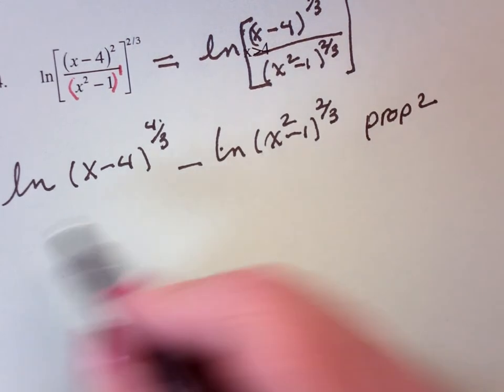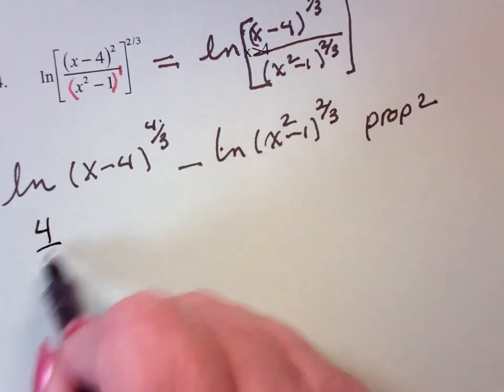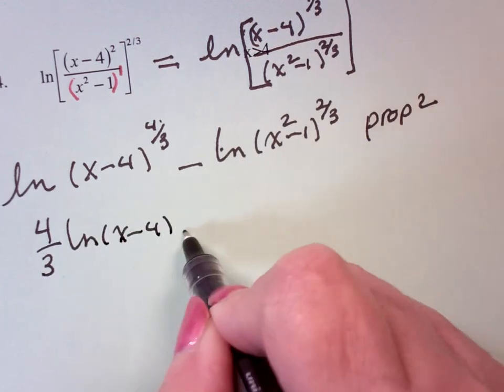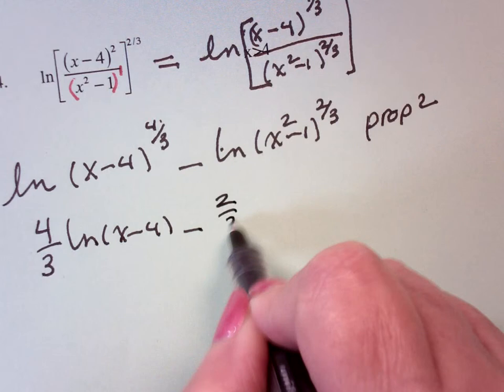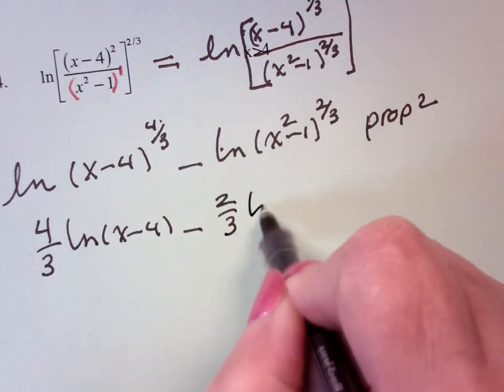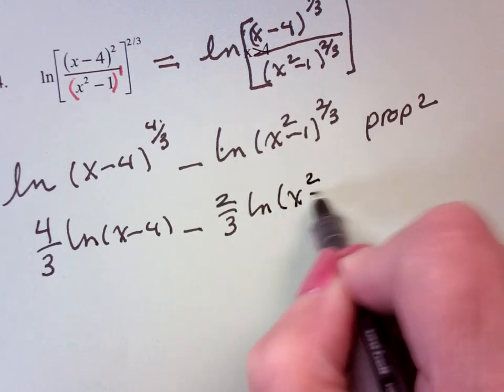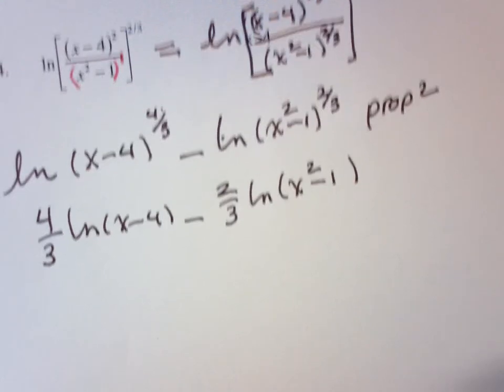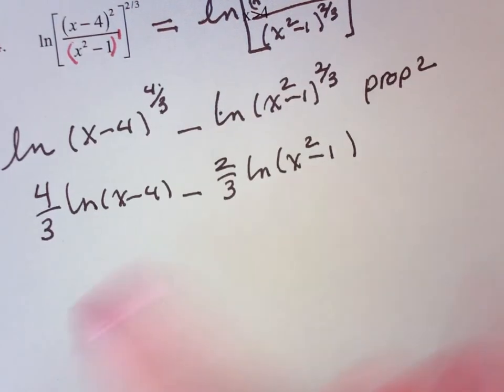Bring the exponents down in front. This is 4/3 natural log of x minus 4 minus 2/3 natural log of x squared minus 1. This guy's done because the highest power here is 1.